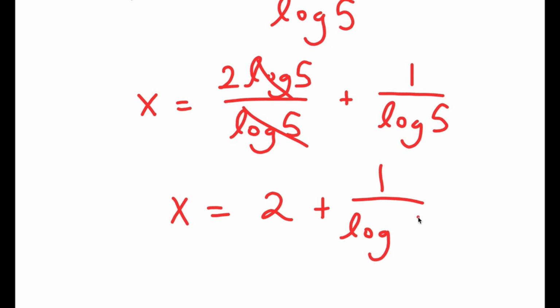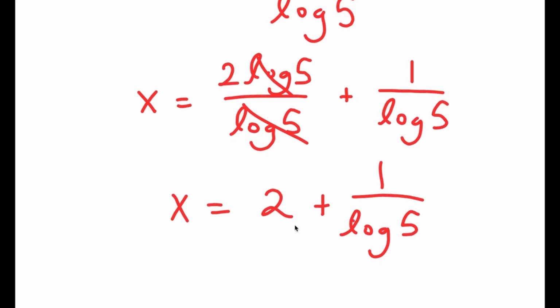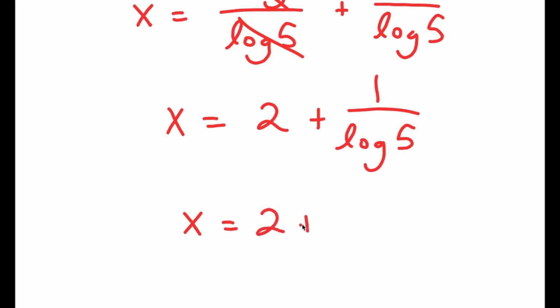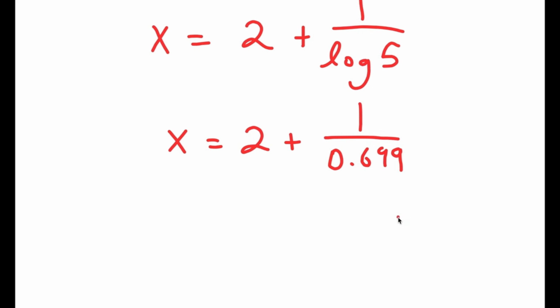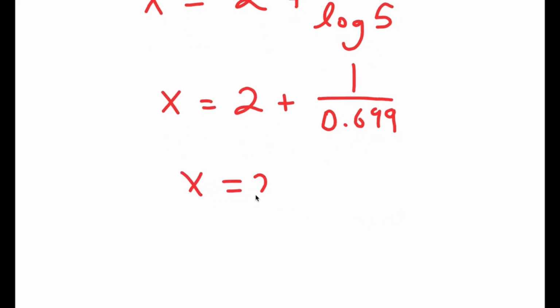And although this is an exact answer, I want the decimal answer, so I'm going to find the value of log 5. And log 5 is equal to 0.699, meaning 1 divided by log of 5 is going to equal 1.43.